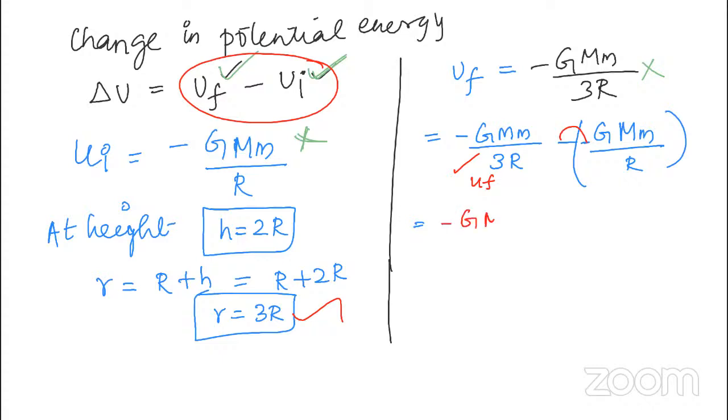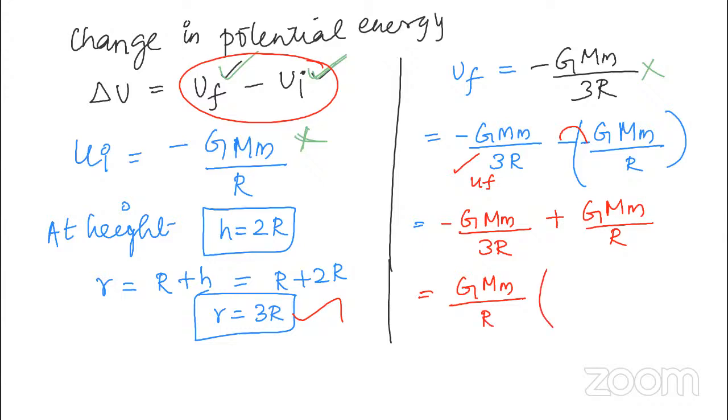So minus of GMm divided by 3R plus GMm divided by R. Then we take out the common term, GMm by R. Here it is a positive value: 1 minus 1 by 3. 1 minus 1 by 3 is 2 by 3. So GMm divided by R into 2 by 3.